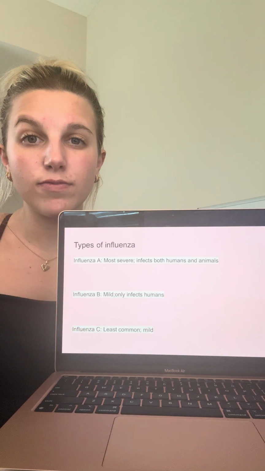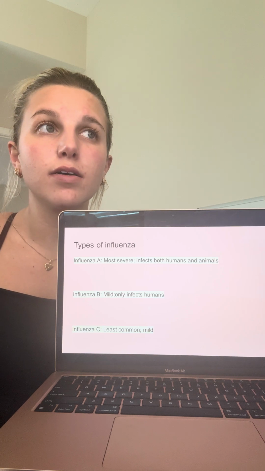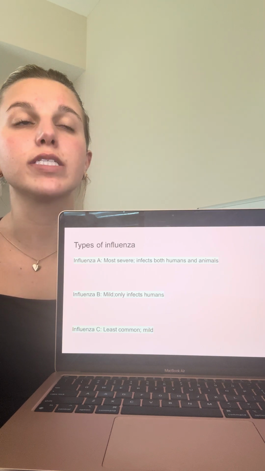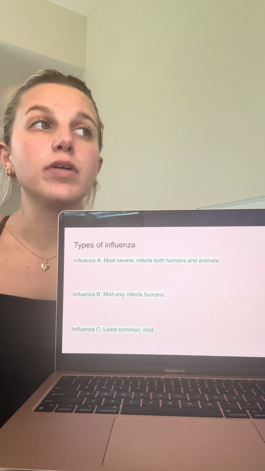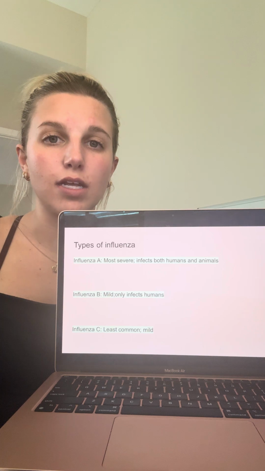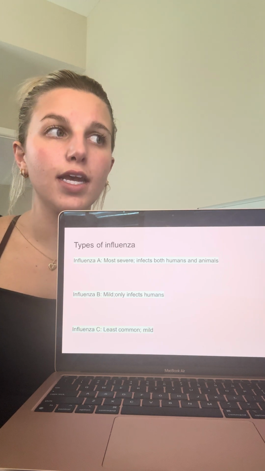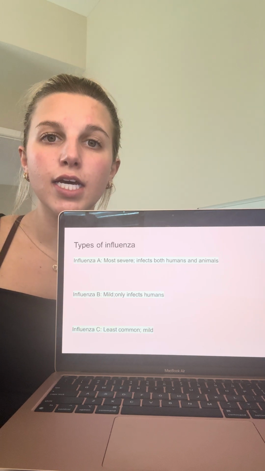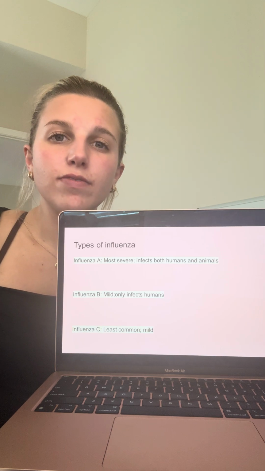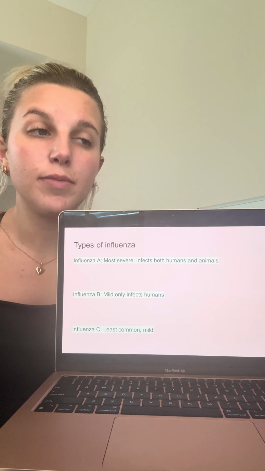Then we have our types of influenza. So our three most commonly known types are influenza A, influenza B, and influenza C. Influenza A is our most severe. That infects both humans and animals. And then we have influenza B. That is mild, and that only infects humans. And then we have influenza C, which is our least common.